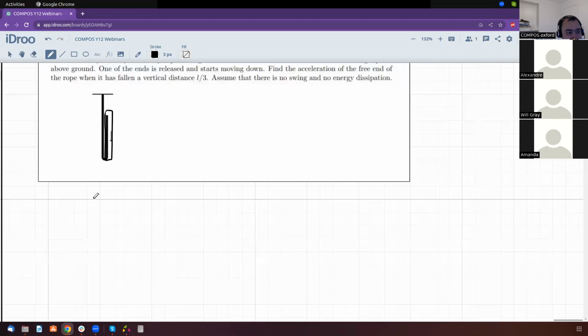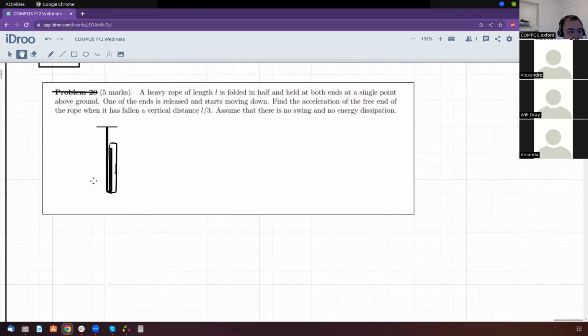The acceleration should be g. Because free fall.